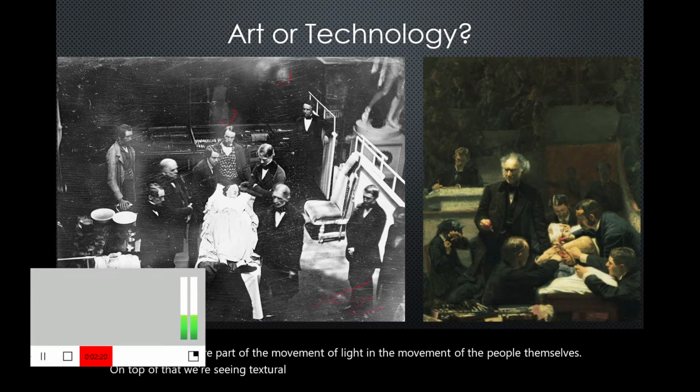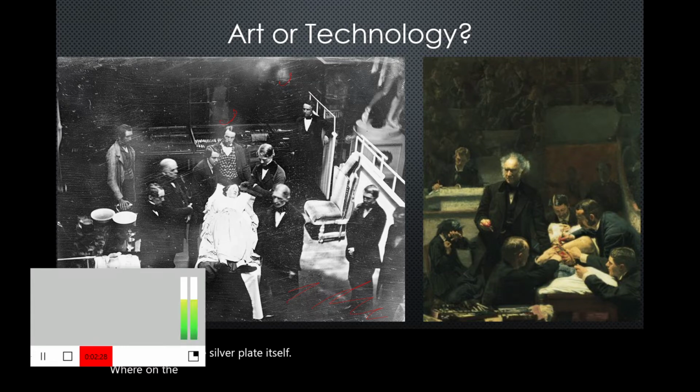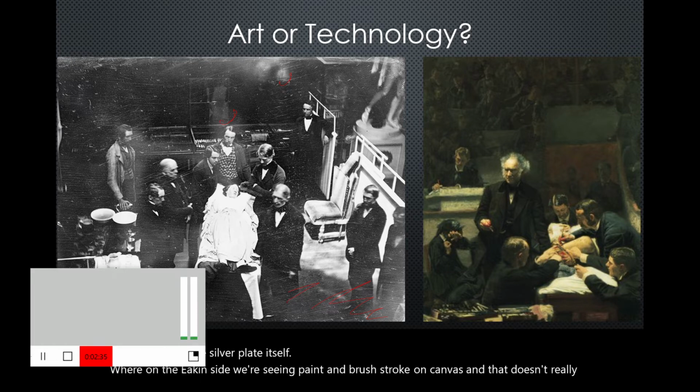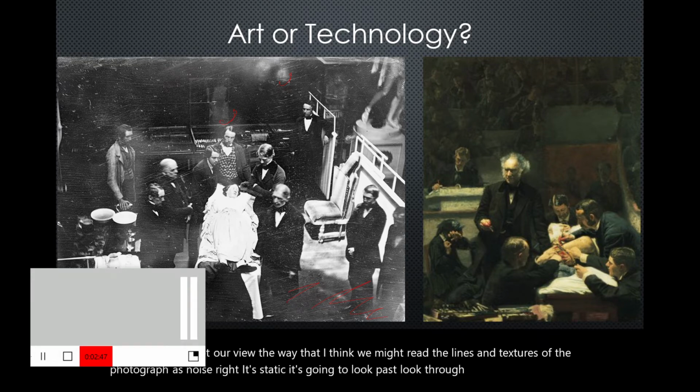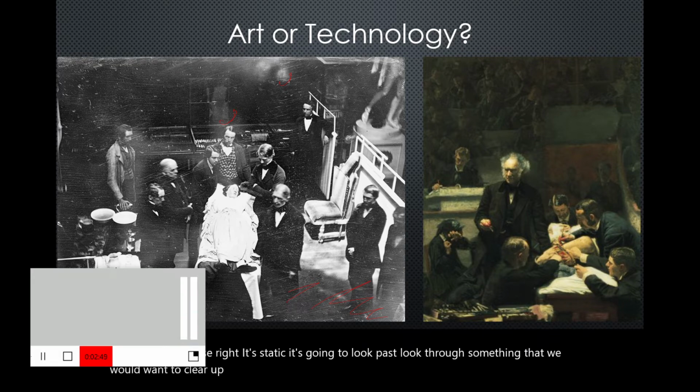This is what we're seeing with the scratches, the grooves on the silver plate itself, where on the Eakins side, we're seeing paint and brushstroke on canvas, and that doesn't really necessarily interrupt our view the way that I think we might read the lines and textures of the photograph as noise, right? It's static. It's something to look past, look through, something that we would want to clear up in Photoshop, definitely.